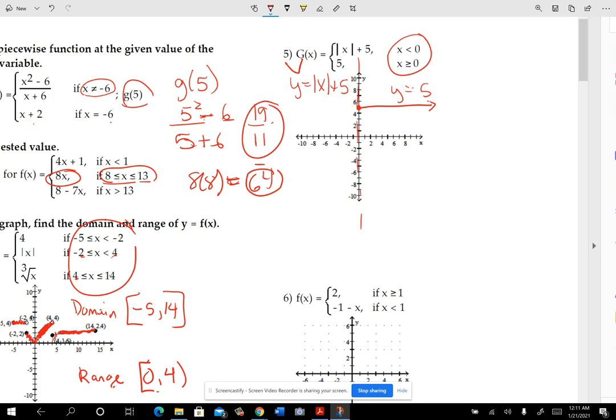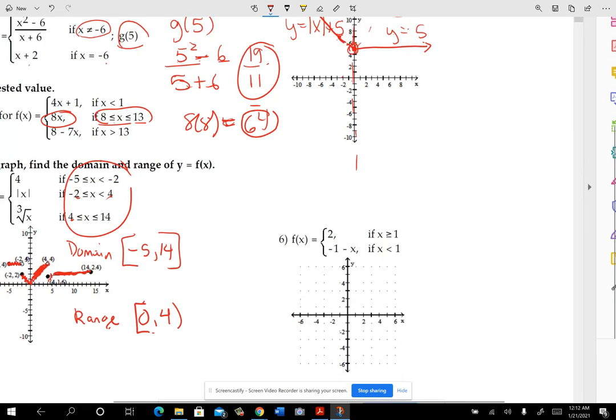So when you're to the left, you could maybe just plot a couple points. If you put in a -2, that would be 2 plus 5, which would be at 7. So it'd be up here. When you put in a 0, you'd be at 5. So it's going to do that. And it's not included at that end, but it does overlap with the other one that's there. And then if you wondered where the V happened, the other side of the V would be over here. We just don't use it because we're only supposed to use that when we're to the left of 0.